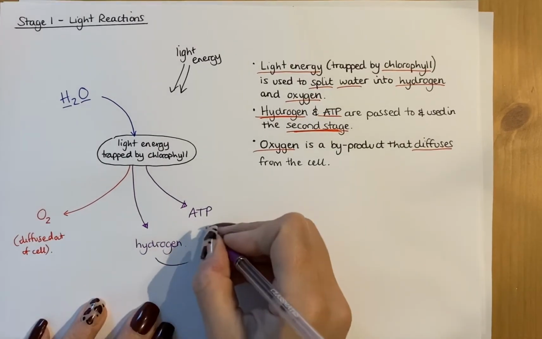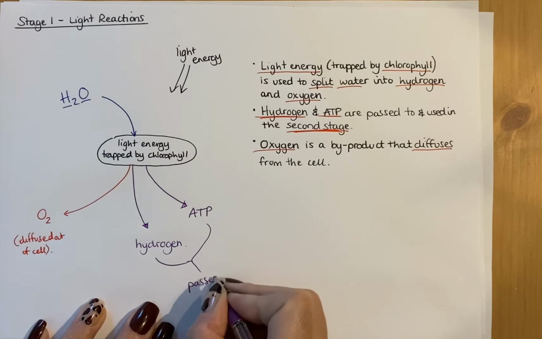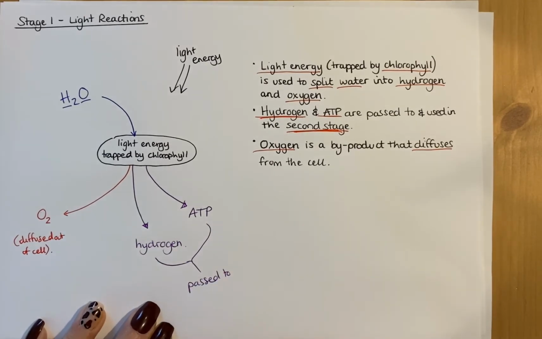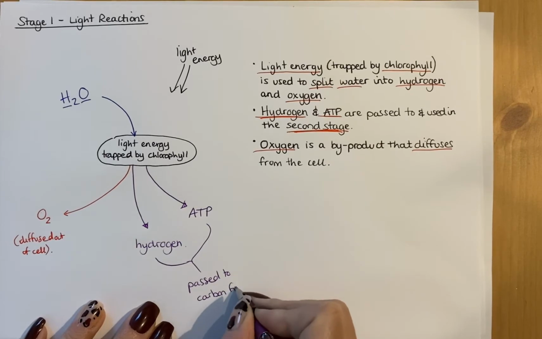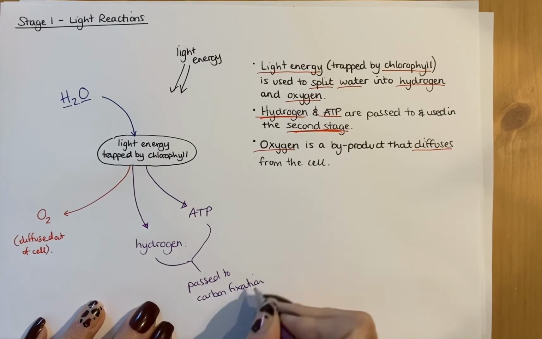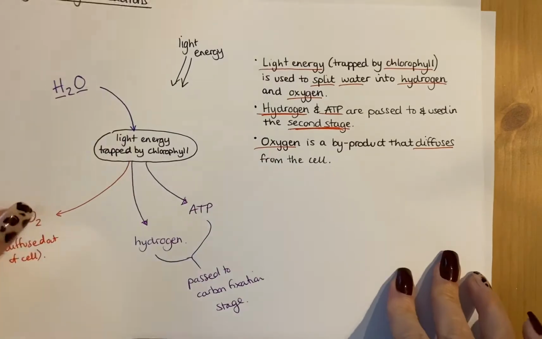I'm just going to put a wee indication that these two are passed to that next stage, and that next stage is called the carbon fixation stage, and they're used within that. So obviously it follows that we're going to then talk about carbon fixation, so I'm going to move on to that now.